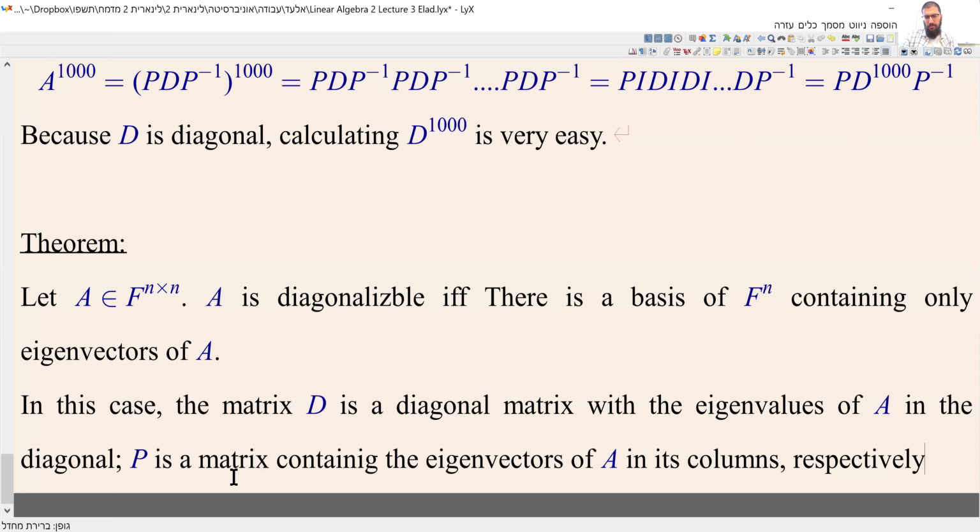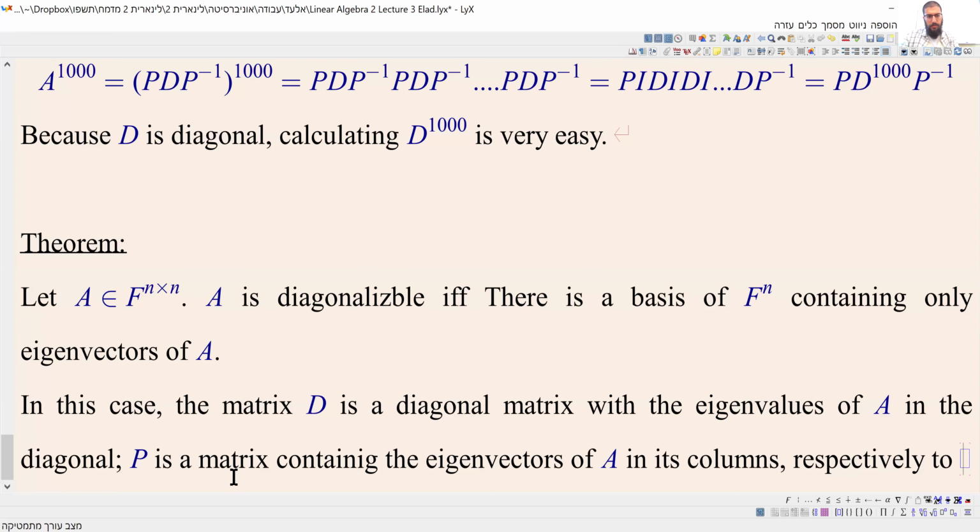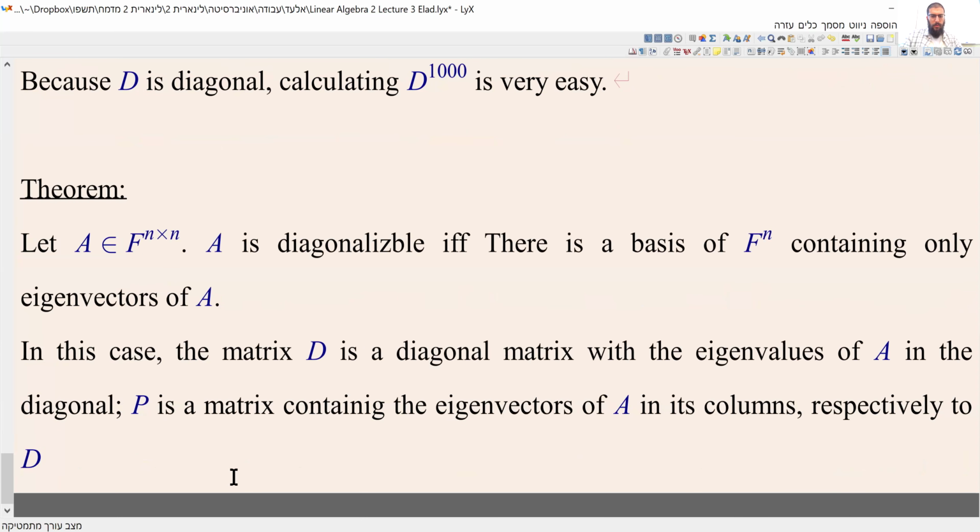Respectively to D. What I mean with respectively to D, we'll surely have an example and we'll understand. So I'm not proving the theorem, why diagonalizable is if and only if there is a basis of eigenvectors of the vector space.